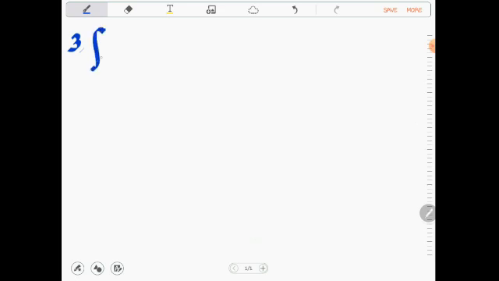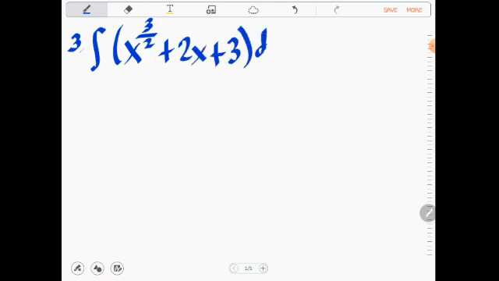we have the integral of the quantity x raised to 3 halves. Okay, so in this case, yung ating exponent ay fraction. Plus 2x plus 3 closed quantity dx. Okay, so sabi ko nga, kapag meron tayong exponent na fraction, tapos mag-add tayo ng 1, pwede mong gawin yung 1 as a fraction din.